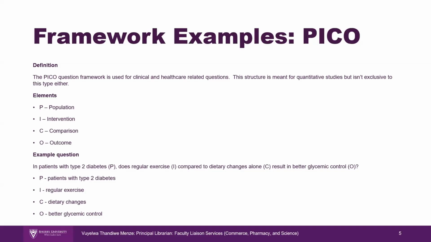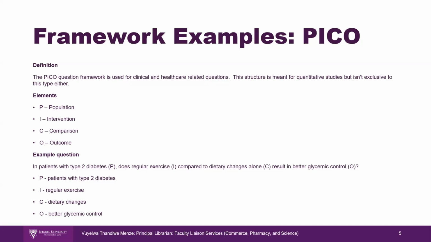So there are different types of framework examples depending on the field of study you're in. The first example is the PICO. To define the PICO, the question framework is used for clinical and healthcare related questions.